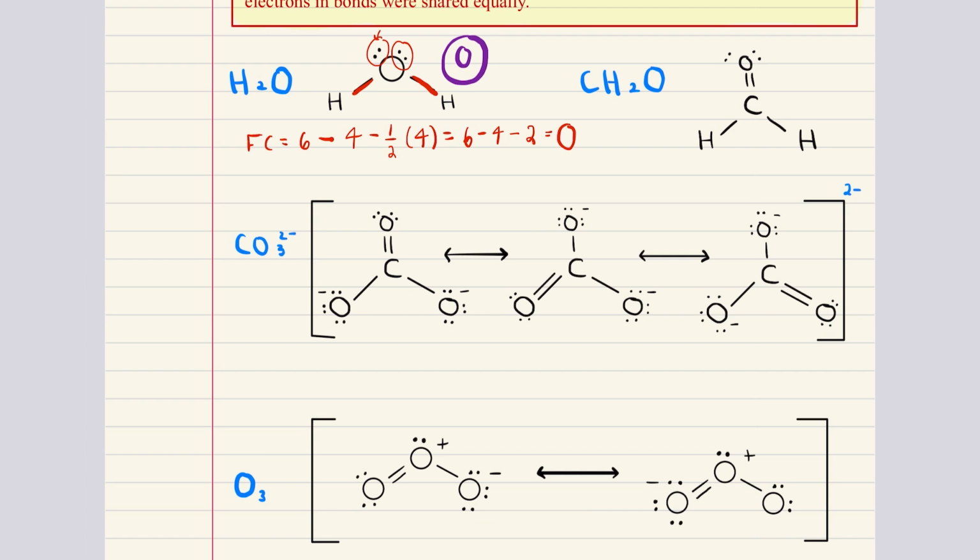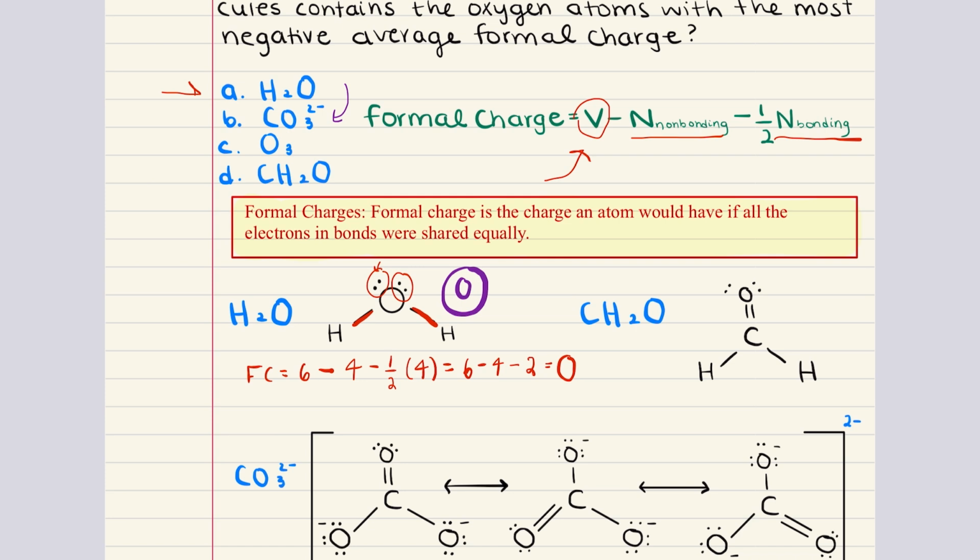It actually has a couple of resonance structures, but we notice that there are 3 oxygen atoms bonded to the central carbon atom. We have 3 oxygen atoms bonded to a central carbon atom. Now the ion carries an overall charge of 2-. They tell us that in the problem right here just by giving us the molecular formula for the carbonate ion.